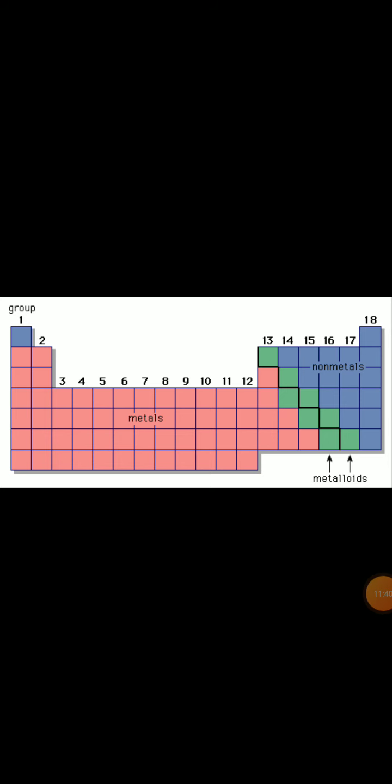And the non-metals are electronegative in nature. Take an example of chlorine. We know chlorine is a non-metal and it gains electrons. So by gaining electrons, it becomes a negative ion. So non-metals are electronegative in nature. Okay, so these two things you will remember: property of metals and non-metals. Metals are electropositive in nature, while non-metals are electronegative in nature.